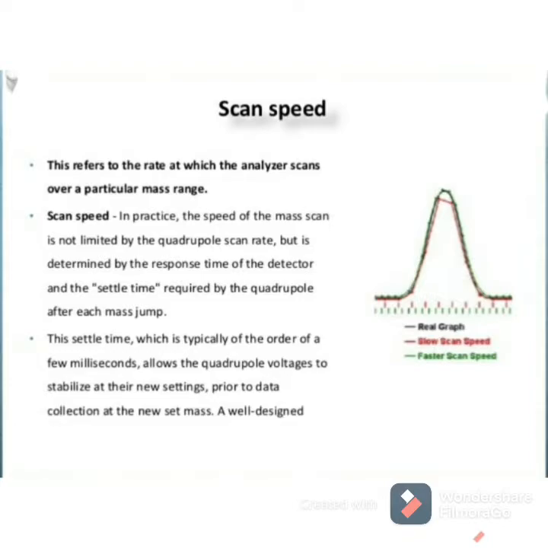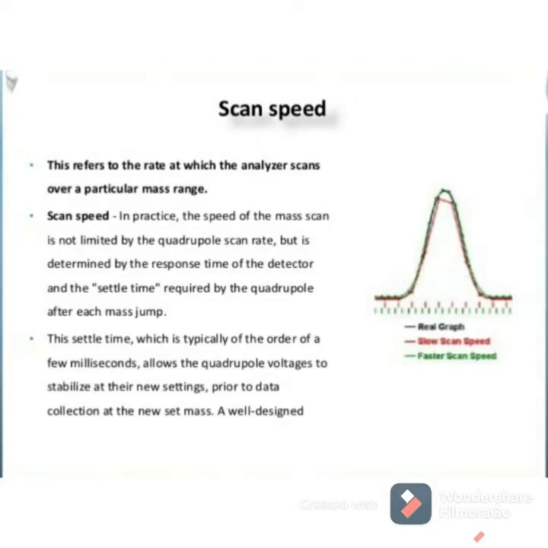After resolution, what is the scan speed? This refers to the rate at which the analyzer scans over a particular mass range. In practice, the speed of the mass scan is not limited by the quadrupole scan rate, but is determined by the response time of the detector and the settle time required by the quadrupole after each mass jump.